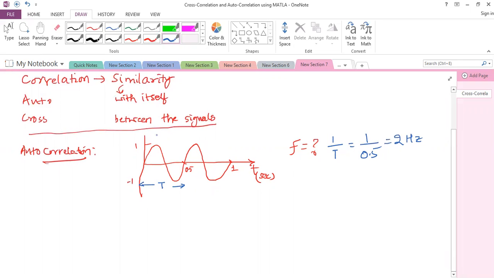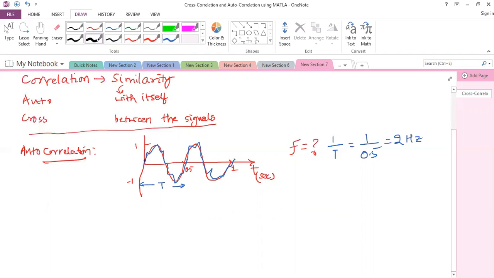So let us say we had some signal which was corrupted with noise. So the signal was something like this. Now, what is the frequency of this? What is the fundamental frequency of this signal?